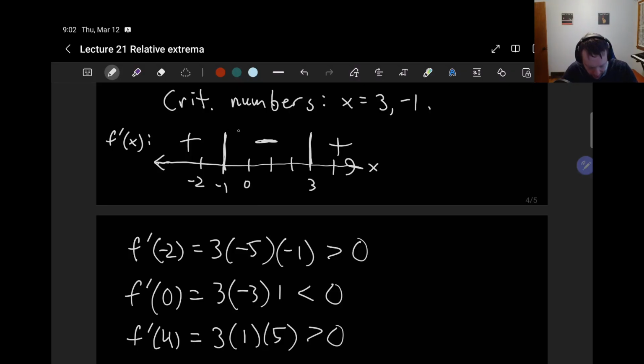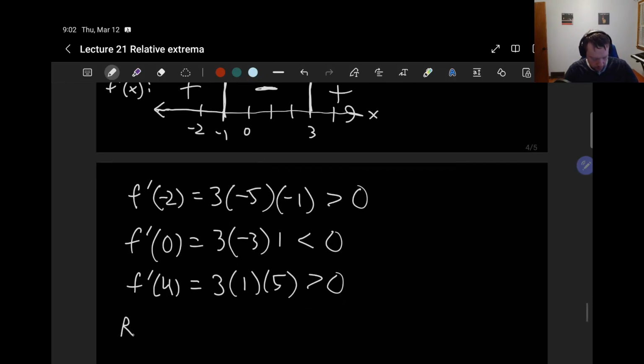So let's just look at this critical number of -1. The derivative is positive on the left side, but negative on the right side of it. So that means my function is increasing and then decreasing afterwards. So that represents a maximum. So we have a relative maximum.